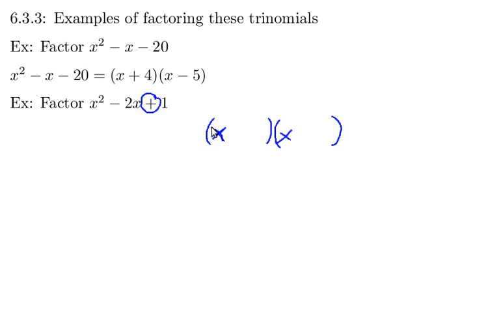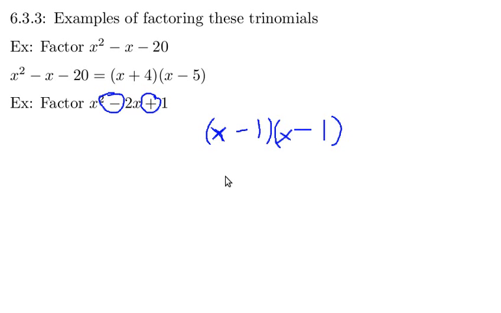This minus here tells us what those two things are. They're both minus. x minus something and x minus something. We don't know what that something is yet. So what two things, when you multiply them together, equal 1? Well, we're talking about integers, so it has to be 1 and 1.